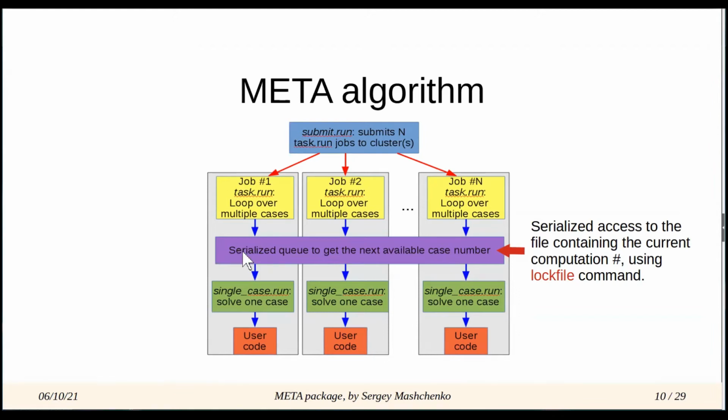It reads the value, adds 1, adopts that value, and then writes the incremented value back to the file system. Because it's serialized, there is no danger that if 2 or more meta jobs try to do the same thing at the same time, there will be some kind of problem. And because the operation is such a short duration, the chance that 2 or 3 meta jobs will do it at the same time is very small. It's there just in case, but the overheads are extremely small.